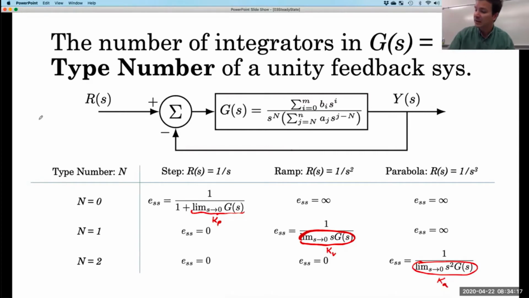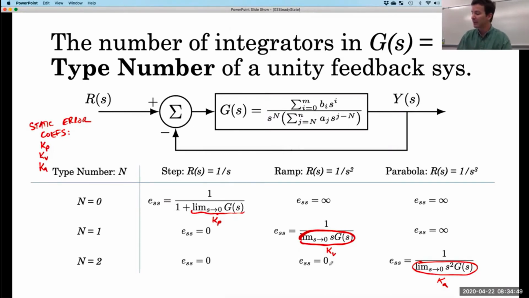And what these k's are, they're known as static error coefficients: Kp, Kv, Ka. The reason that I don't particularly like this notation is because you run out of letters. Like, how would you talk about the error in a type 3 system? You'd have to make up your own static error coefficient.